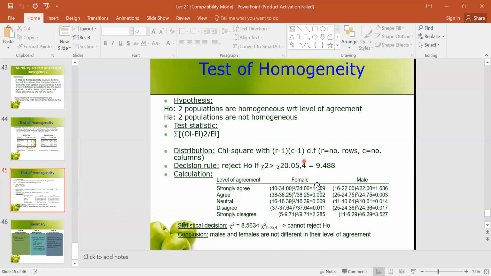We are going to test it at the 5% level of significance. So our table value is 9.488, checked against alpha 0.05 with 4 degrees of freedom. So this is our critical region. Here is the calculation, and we make the conclusion accordingly, depending on whether the value lies in the critical region or not.